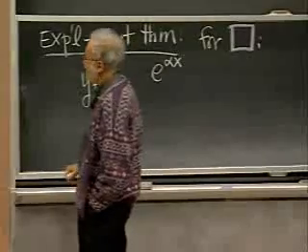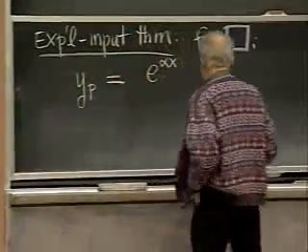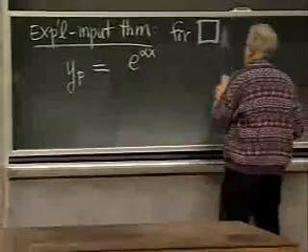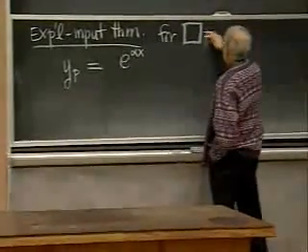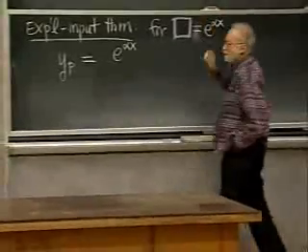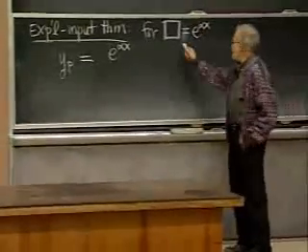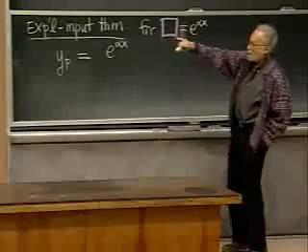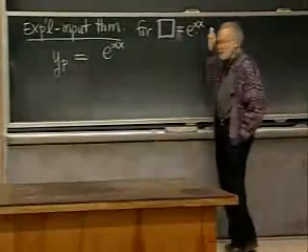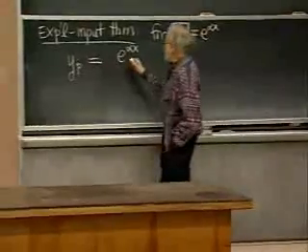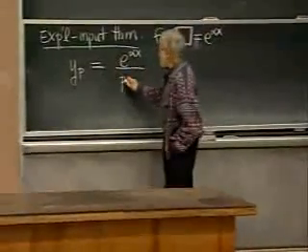Somewhere I neglected to say that f of x equals e to the alpha x. For that equation, y double prime plus a y prime plus b y equals e to the alpha x. So here's the exponential input. The solution is e to the alpha x divided by p of alpha.